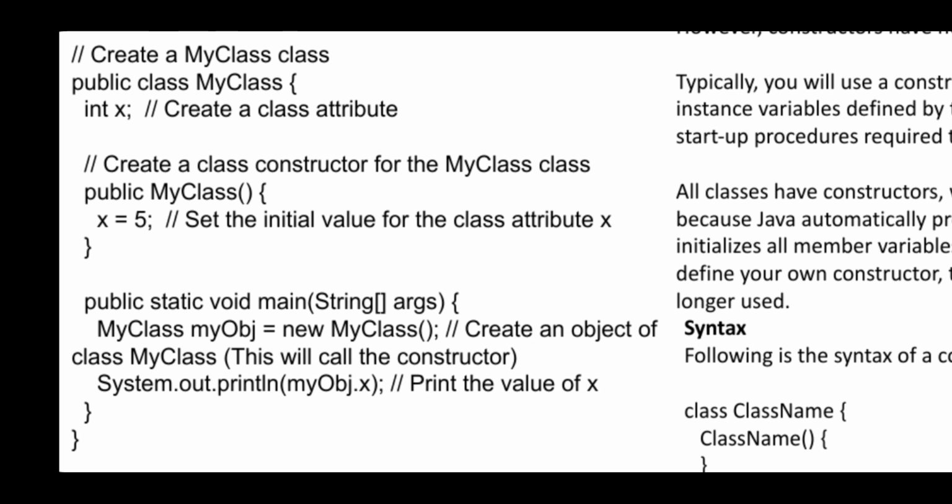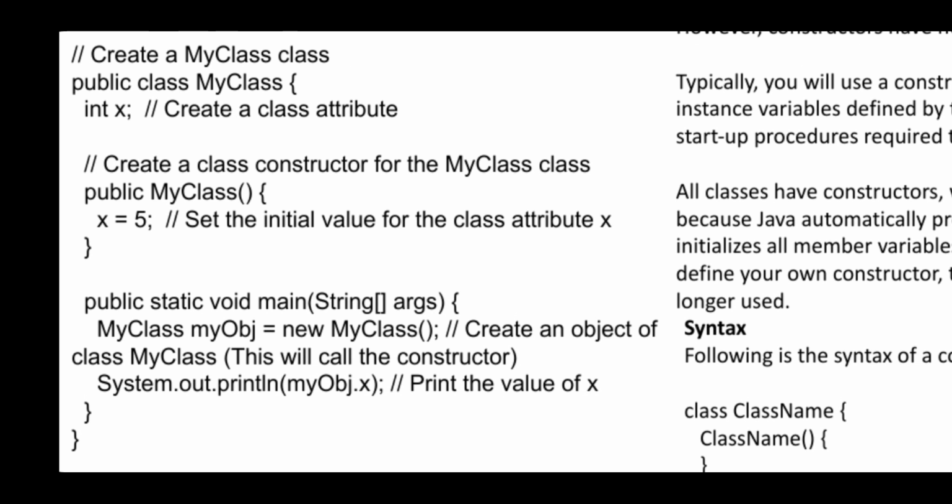Then afterwards, in public static void main, you write MyClass myObj equals new MyClass. Does MyClass have any parameters or arguments here? No, so it is going to call the constructor called MyClass. When it calls MyClass, within that you have assigned the value 5 to x.